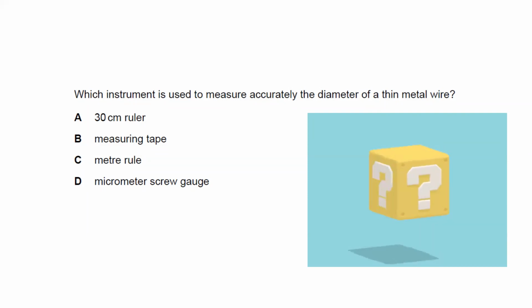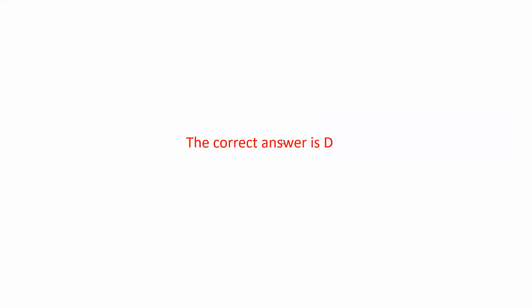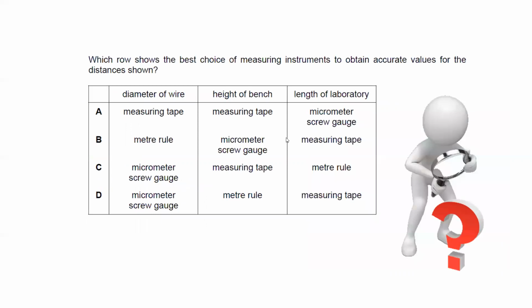A 30 centimeter ruler, a measuring tape, a meter rule, and a micrometer screw gauge. So again, the most accurate one, as we discussed yesterday, is the micrometer, the most accurate apparatus to measure the length of an object. That's why D is the right answer. So the correct answer is D for that question.